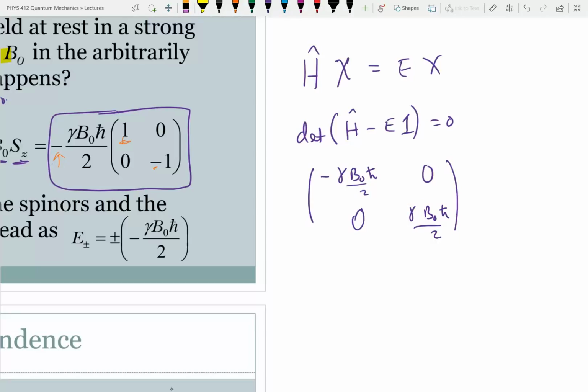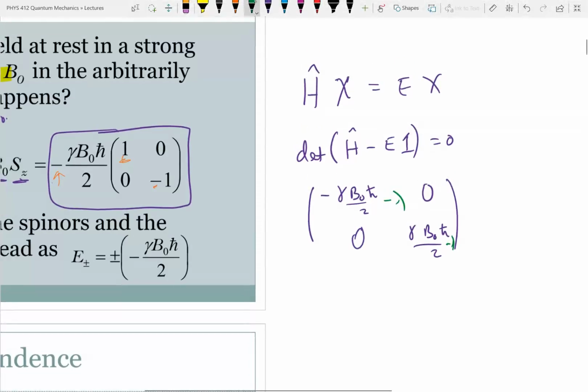And if we actually wanted to go through with our formalism, we'd say the stuff I have written minus lambda.